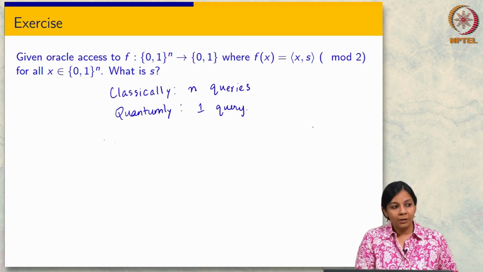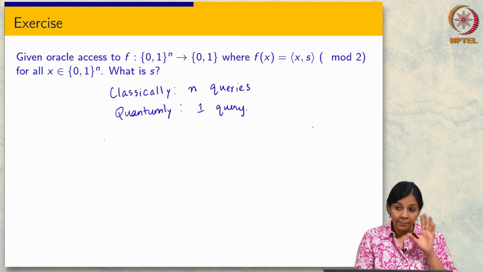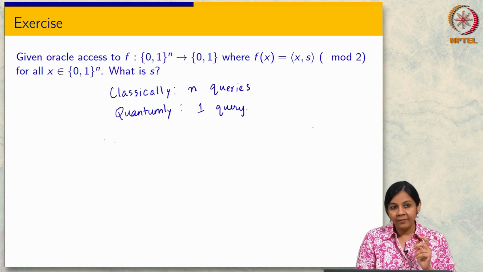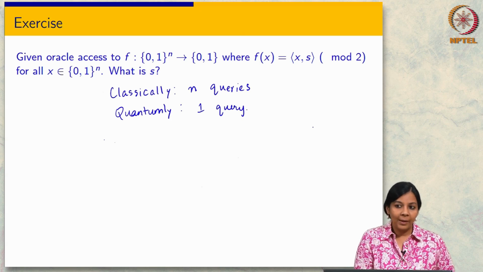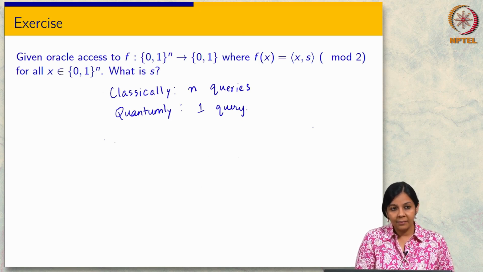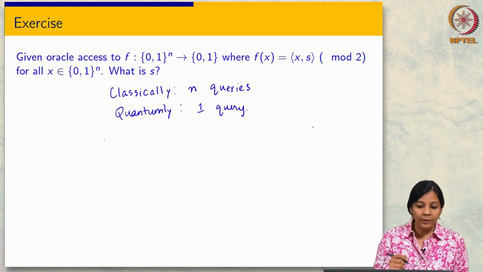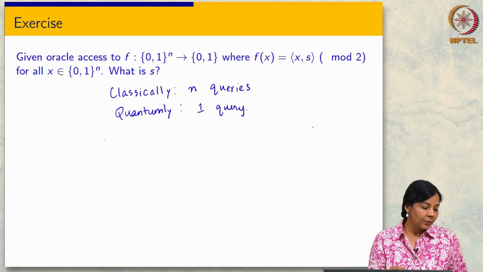If I measure in the end after Deutsch-Jozsa, the amplitude of the point s itself is 1. This is correct. So basically all I have to do is measure, okay, and I am going to get s. So this is how just in one query I can solve and recover s exactly. So let us look at the solution now.